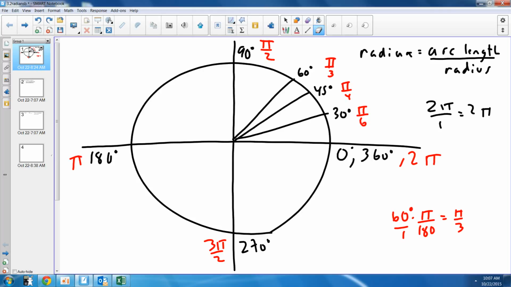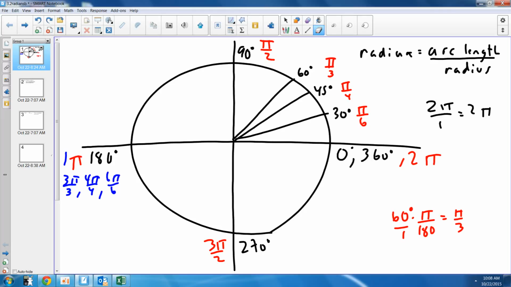One more idea on this is that you can change pi and 2 pi into fractions where you can add these reference angles. But in order to do that, you need denominators that are the same. So that's why we're also going to think 1 pi is the same thing as 3 pi over 3, 4 pi over 4, and 6 pi over 6.